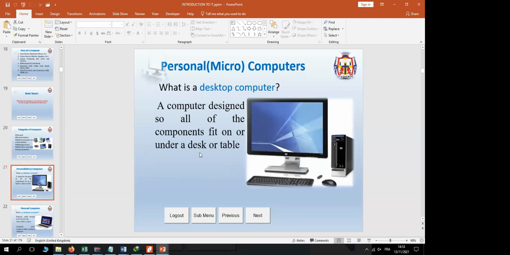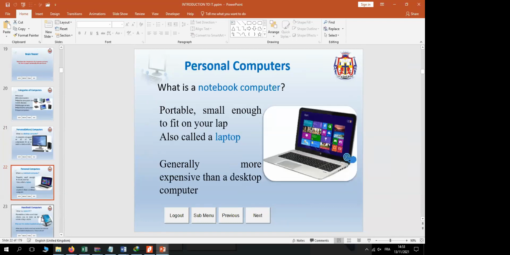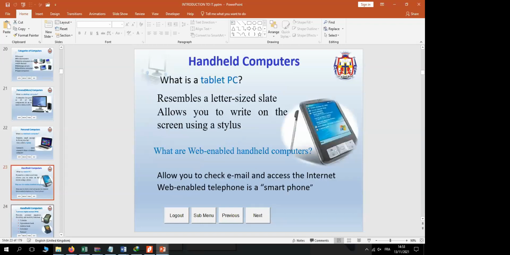Then we have talked about laptops. They are designed to be used on the lap. In most cases, we use these devices while on the lap. Then we have so many others.